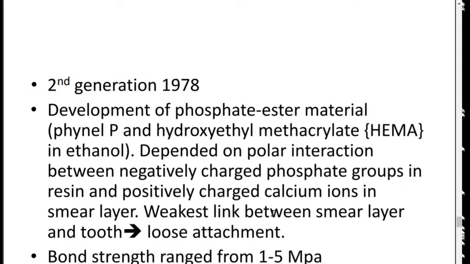Weakest link between smear layer and tooth, which could cause loose attachment. Bond strength ranged from 1 to 5 millipascal, with a poor result plus undercuts.